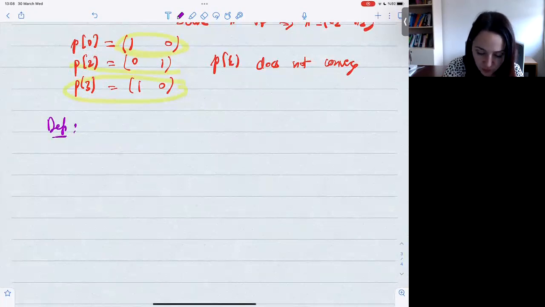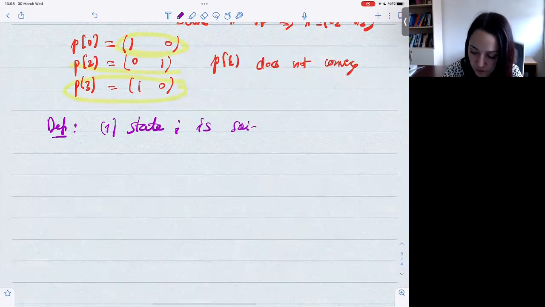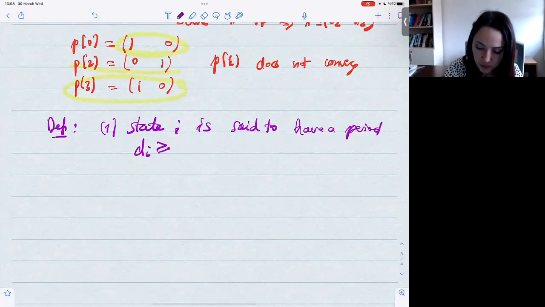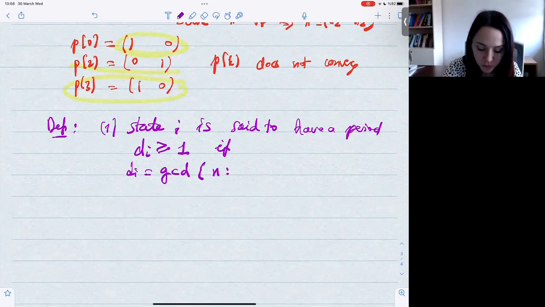Formally, state i is said to have a period d_i greater or equal to 1 if d_i is the greatest common divisor of the numbers of transitions n such that Pii(n) is bigger than 0.